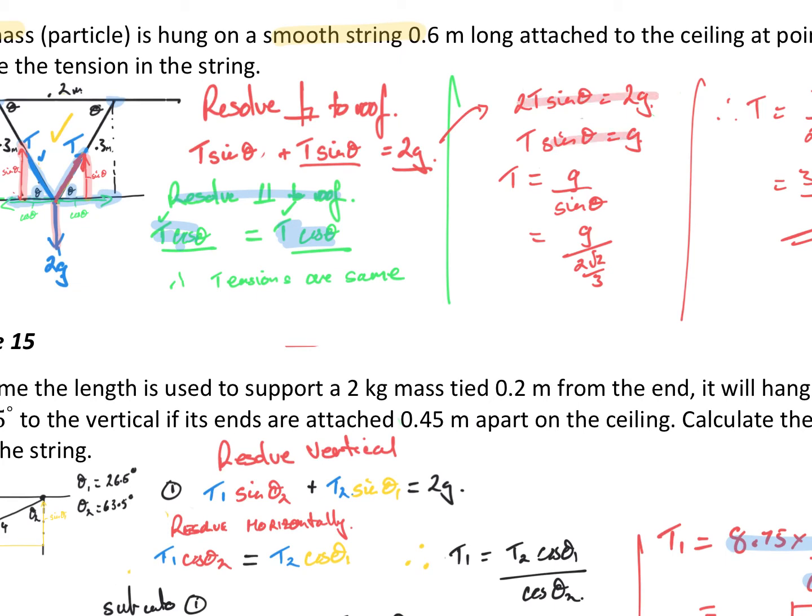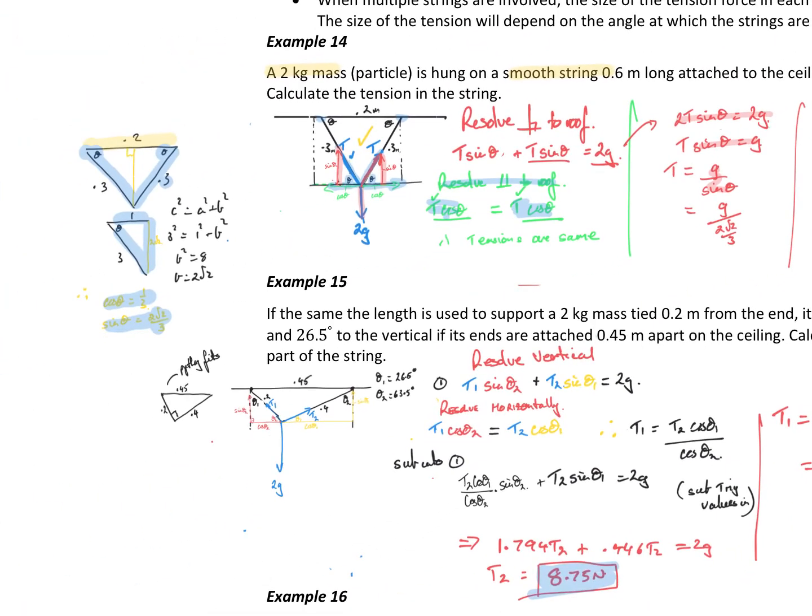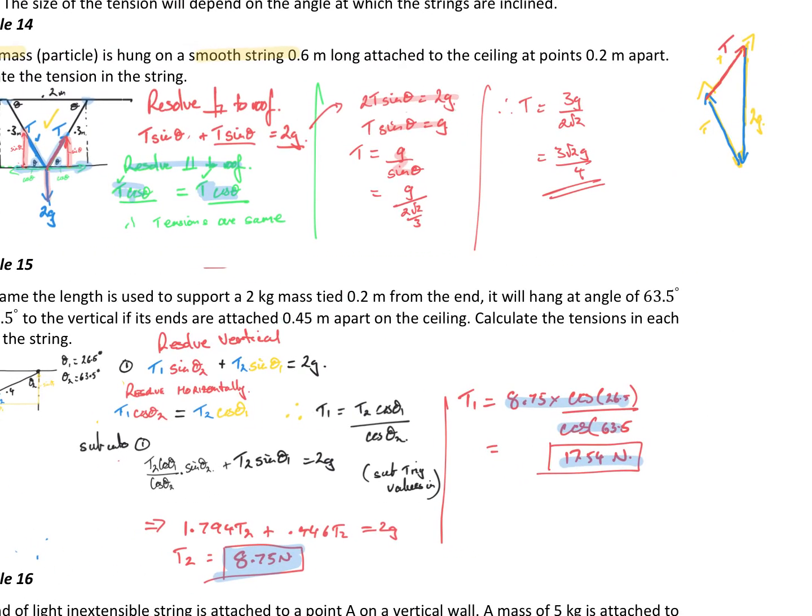And if we solve for T, we get T is equal to g on sine theta. Now sine of theta from back over here, from that right angle triangle that we created, is equal to 2 root 2 on 3. So if we substitute that in, we get the tension is 3 root 2g on 4. Okay.